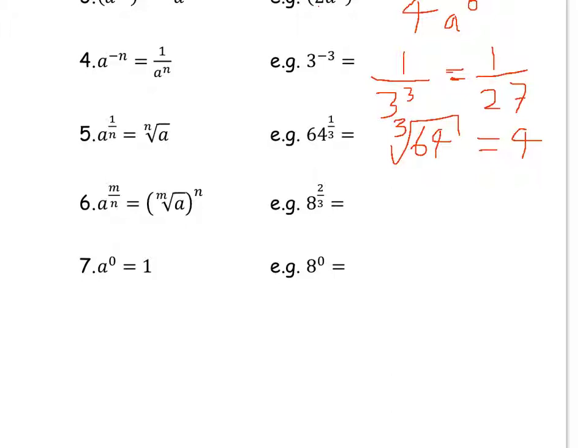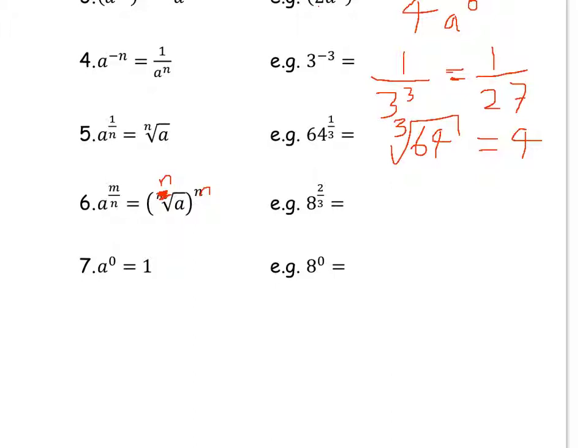This is the most difficult type of indices problem, a to the power of m over n. Remember, this over n bit is the roots. Now, I've made a quick mistake here, so the m I put there should be n, and this one should be m. Let's go through that again.